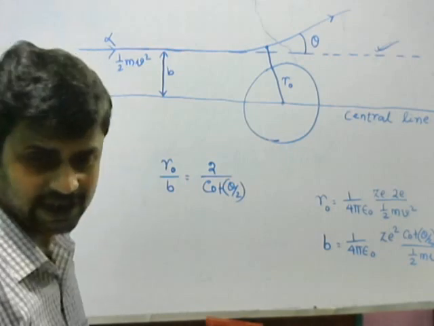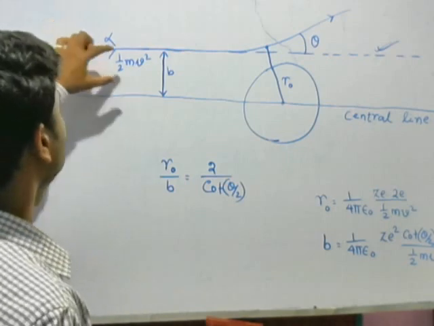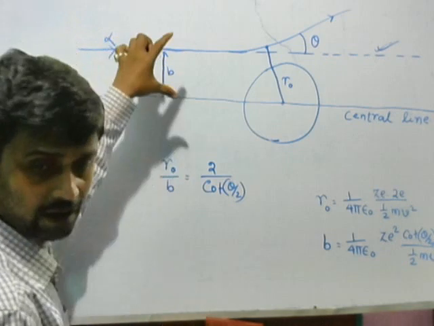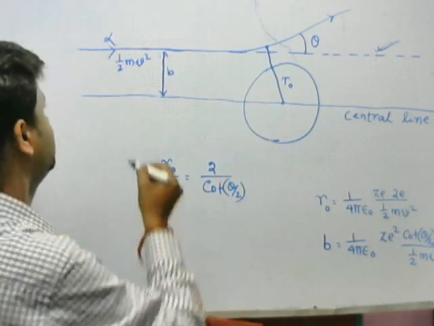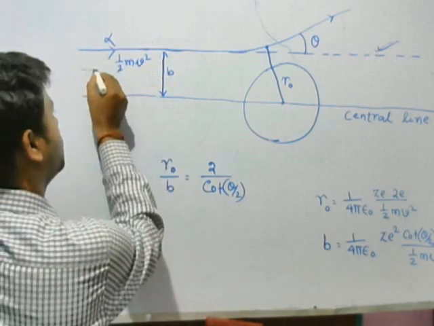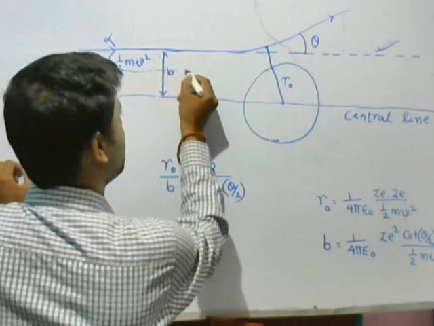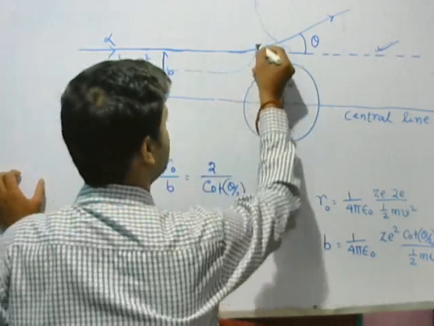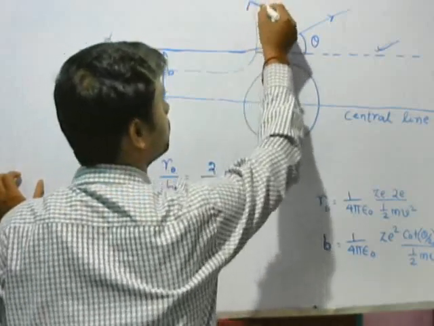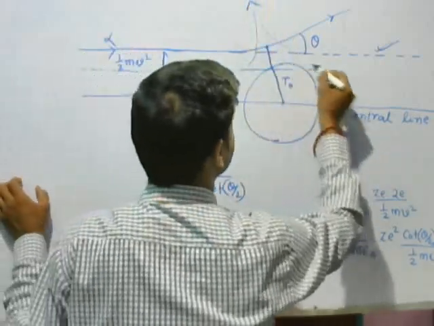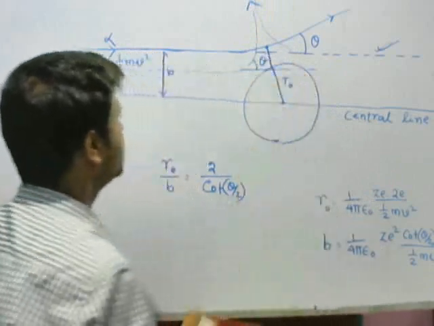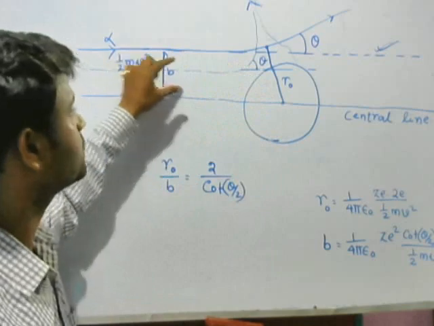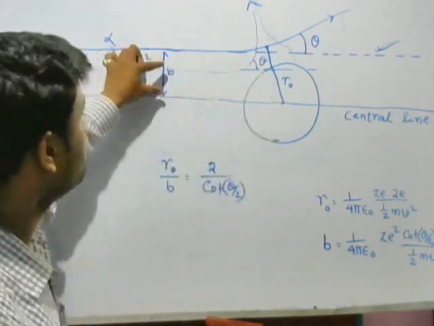From this equation, it is clear that if the impact parameter decreases like this, the velocity vector of the alpha particle is like this, then the alpha particle would move in this direction, as a result of which the angle of deviation increases. That is, if theta increases, then b decreases.